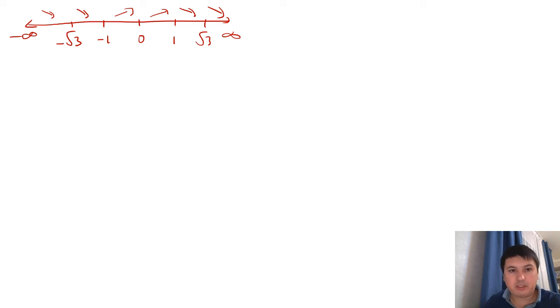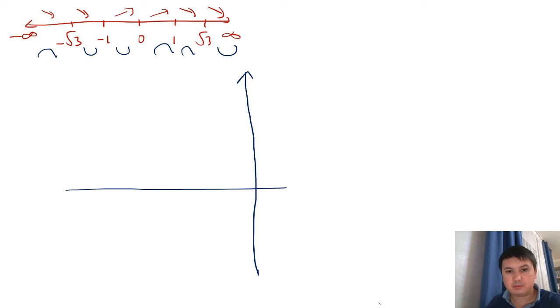As for the concavity, I have concave down, then concave up, concave up, concave down, and concave up. So finally, let's try to sketch the graph, plotting all these important points.